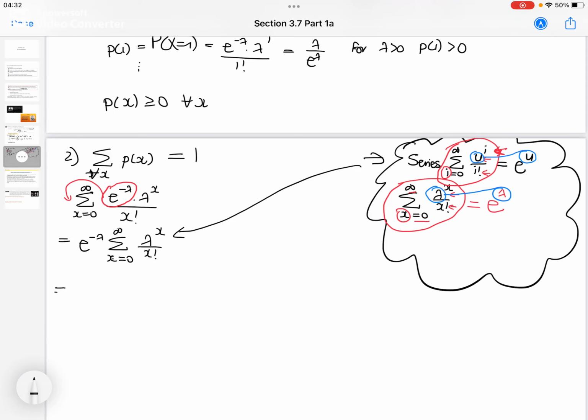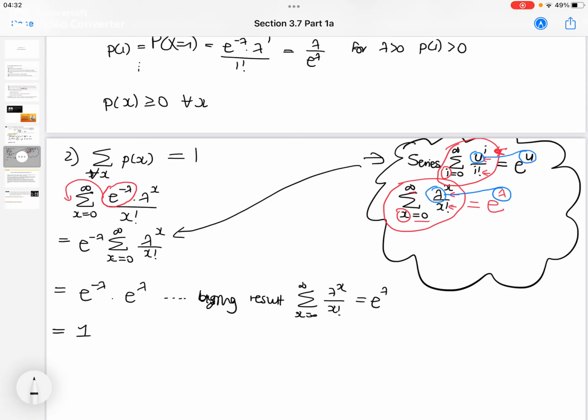Alright, so using this result, we have e to the power minus lambda times e to the power lambda, or using this result of the summation x equal to 0 to infinity of lambda to the power x over x factorial is equal to e to the power lambda, and so this is then equal to 1.